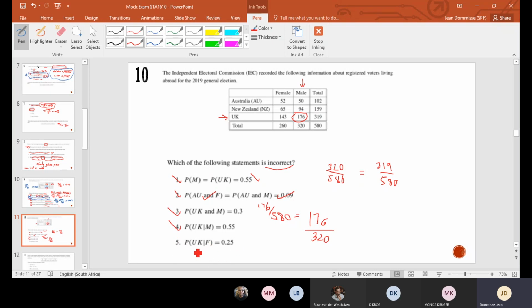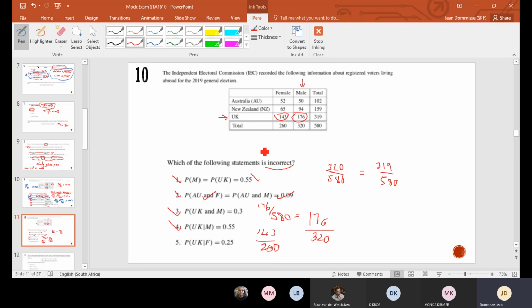But let's look at UK given female. UK given female is 143 divided by 260.